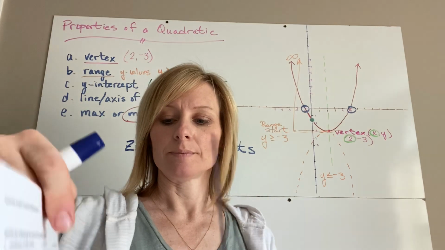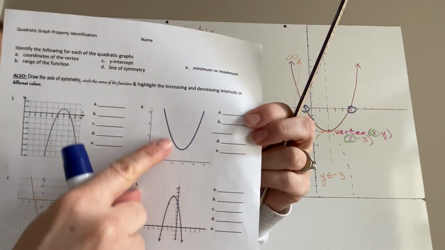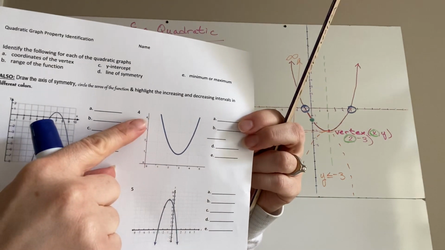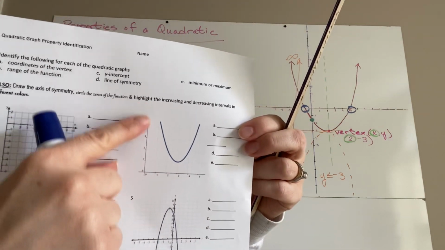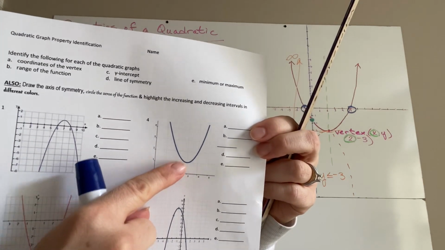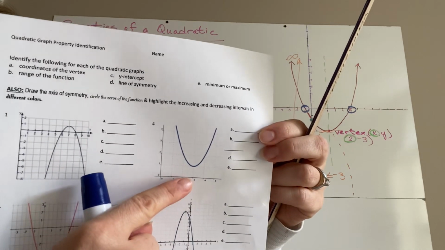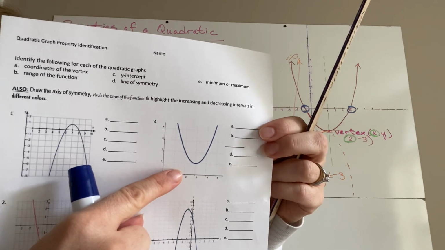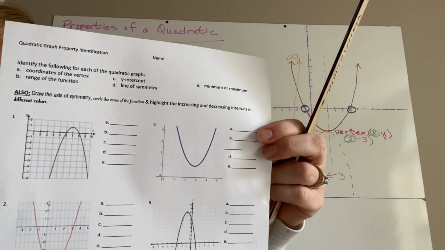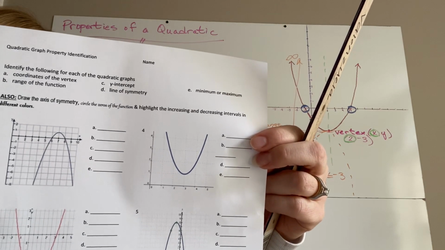Okay, now look. This example here, it's not going to touch the x-axis, is it? All right, so for this one, the intercept is not shown. You wouldn't put not shown here because it is showing, it's just not going to happen. So for this, you would write nothing. There's nothing to write. It is not going to touch the x-axis. So what would you circle there? You would circle nothing.